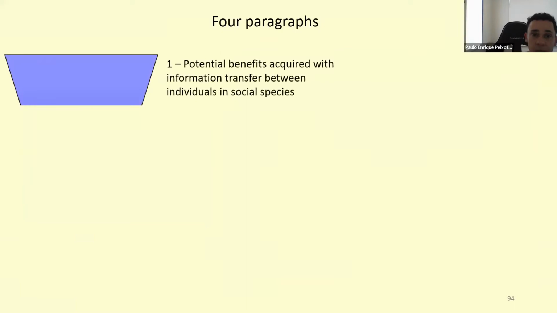They started by discussing potential benefits that could be acquired with information transfer between individuals in social species. Note that they restricted their first paragraph to social species, okay? They were not so general, but this is not a problem, actually. And they discussed potential benefits, particularly fitness benefits, so they used natural selection as a basis here.